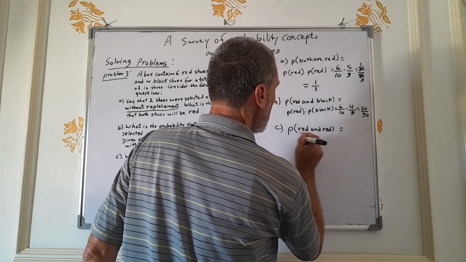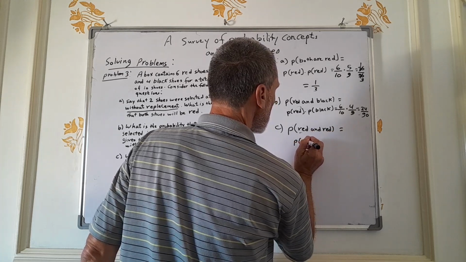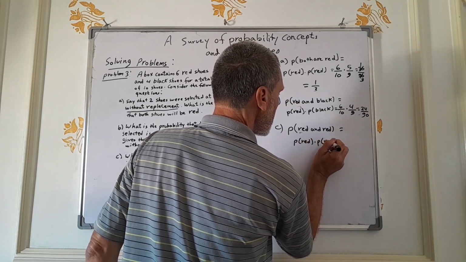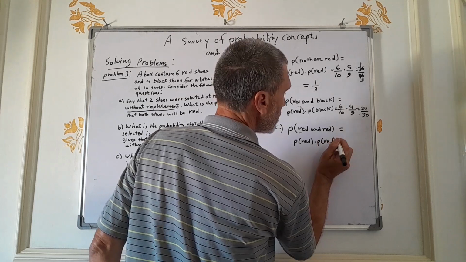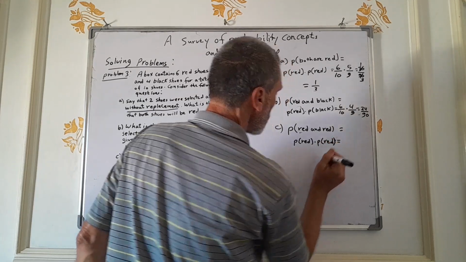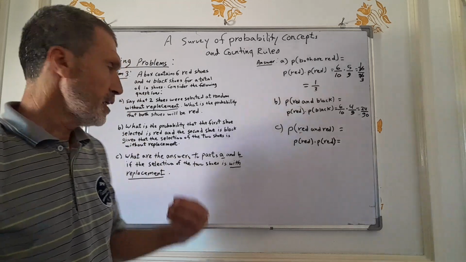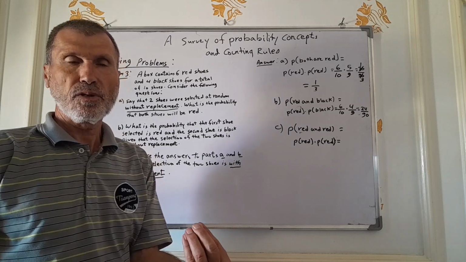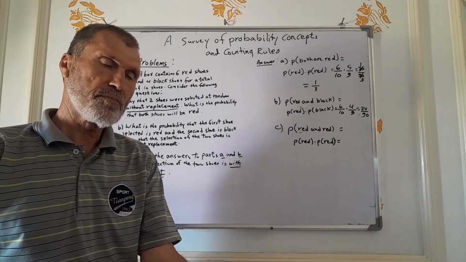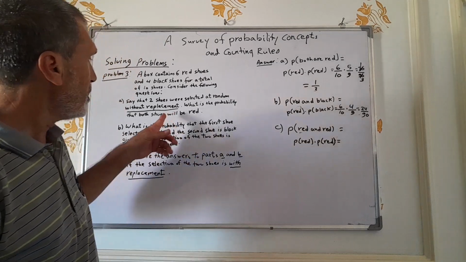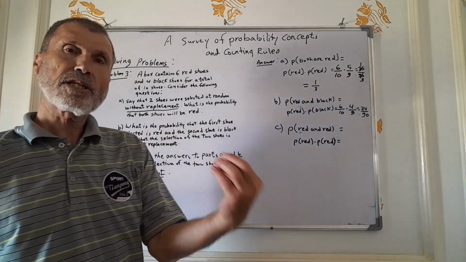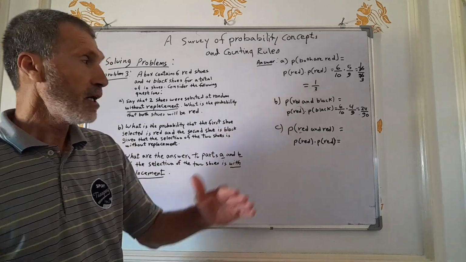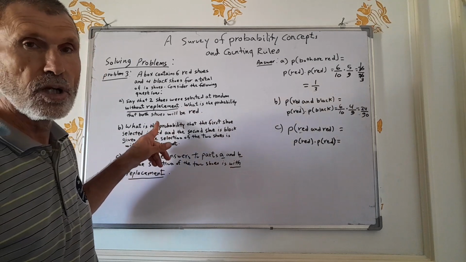is going to be equal to the probability of red times the probability of red. Of course, we select here with replacement: we select the first shoe, we look at it, and then we return it back to the box. In the first case, without replacement, we selected a shoe and did not return it to the box, therefore we used the general rule of multiplication.